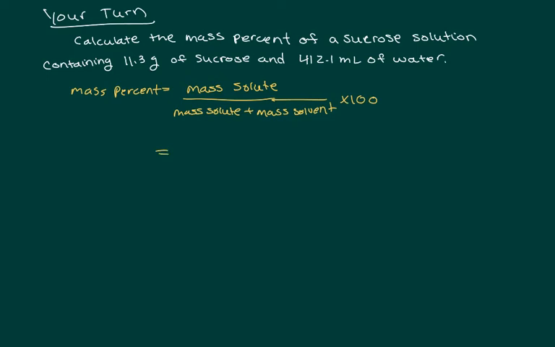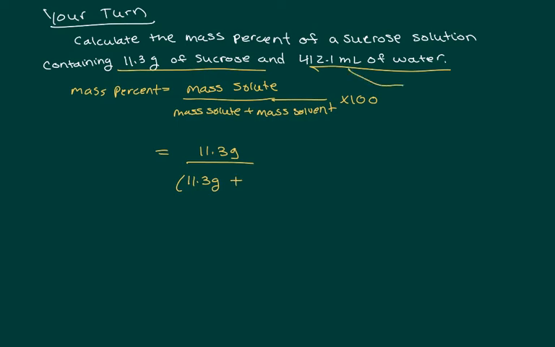So let's define what my solute is. In this case, it looks like my solute is going to be sucrose, 11.3 grams of sucrose. My solvent is water. So 11.3 grams over 11.3 grams of sucrose plus the mass of the solvent.